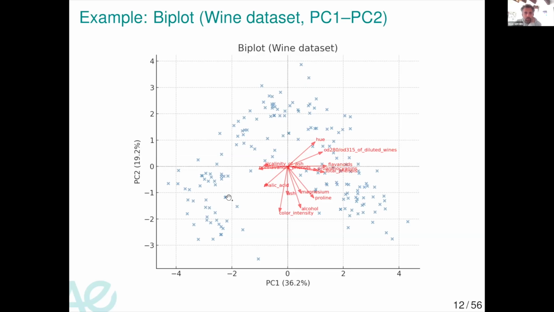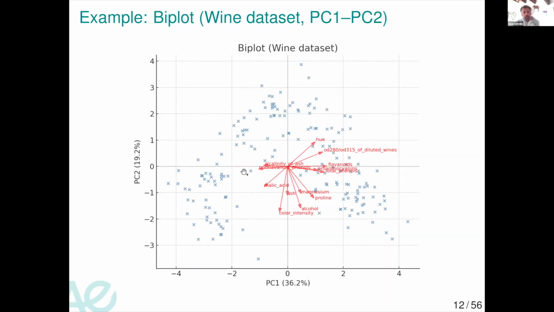So that's the kind of information that principal component analysis could bring you. For the variables by constructing the principal components, and for the individuals by plotting the individuals on the principal components plane.